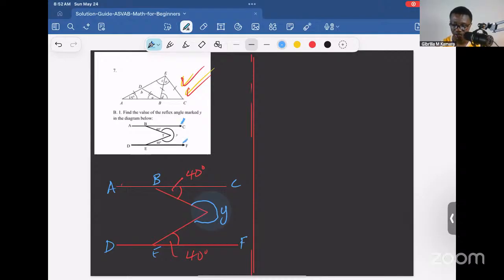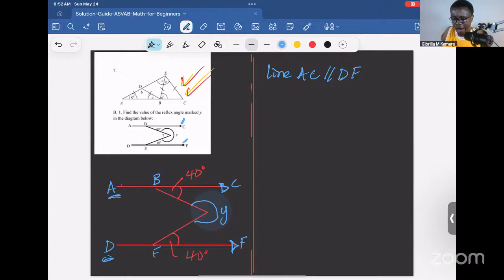Whenever you see this, it shows that line AC is parallel to line DF. And because they are parallel lines, solving this question becomes so easy.